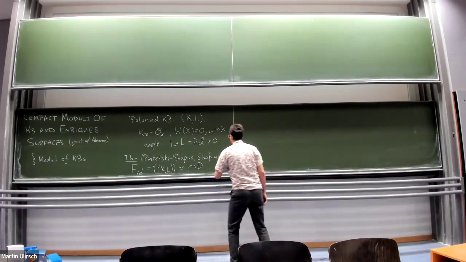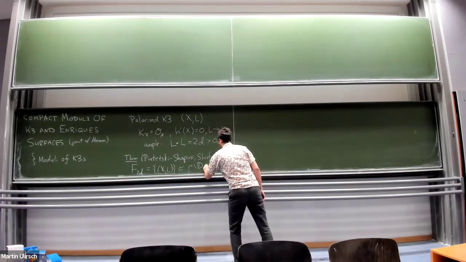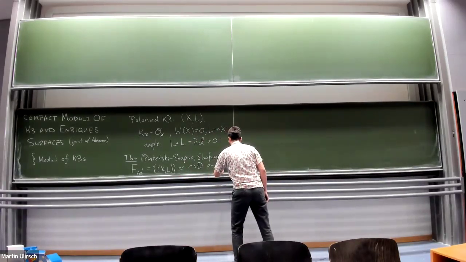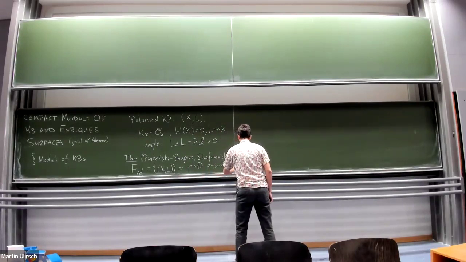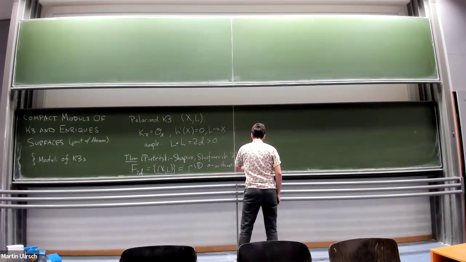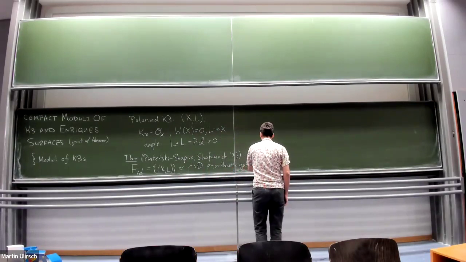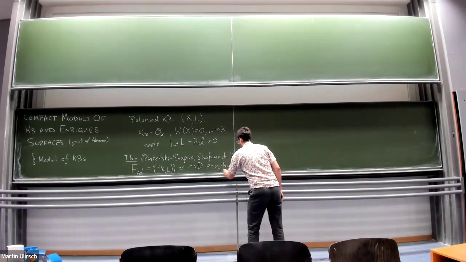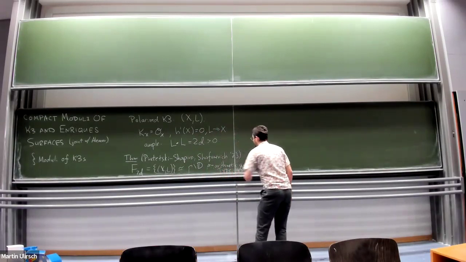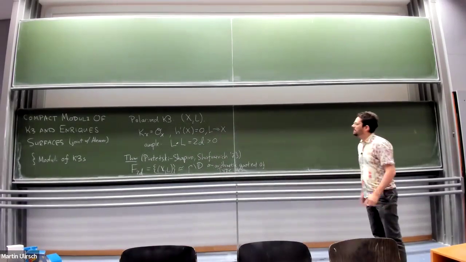So this is an arithmetic quotient of a type IV Hermitian symmetric domain.